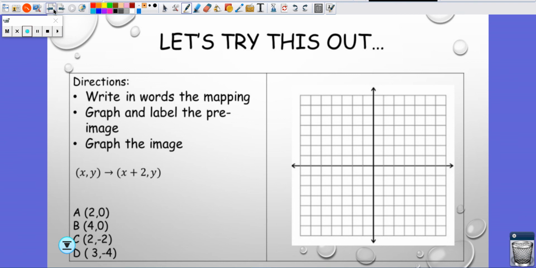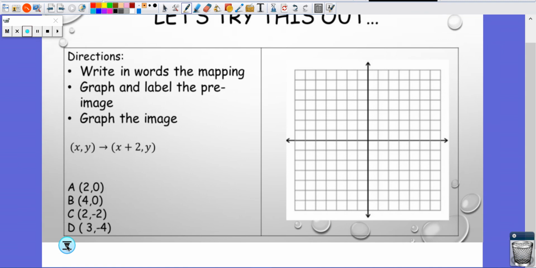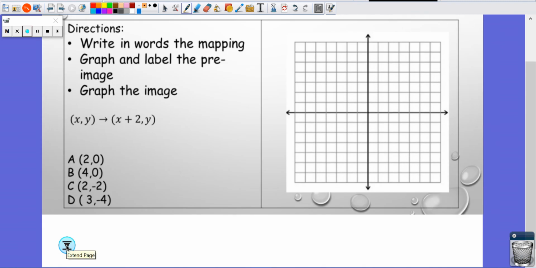All right. So here the directions are write in words the mapping, graph and label the pre-image, and graph the image. All right, so you have three parts to do here. Make sure you're writing this in your book. Part one is to write the mapping in words.